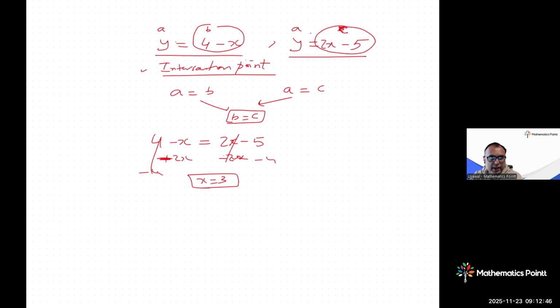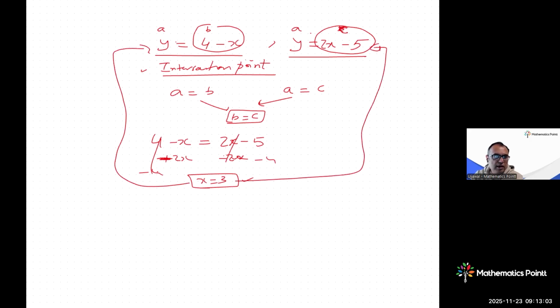Now, when x is 3, what you need to do is plug in x equals 3 either here or here. Sub in x equals 3 in y equals 4 minus x. X is 3, so 4 minus 3 is 1.